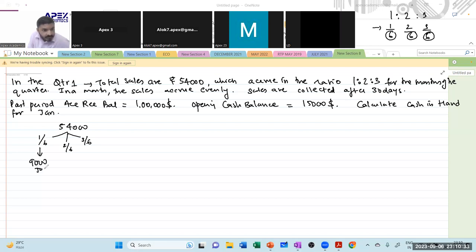So this is the sale of Jan, this is the sale of Feb, and this is the sale of March. Now, they are saying in a month, sales accrue evenly.